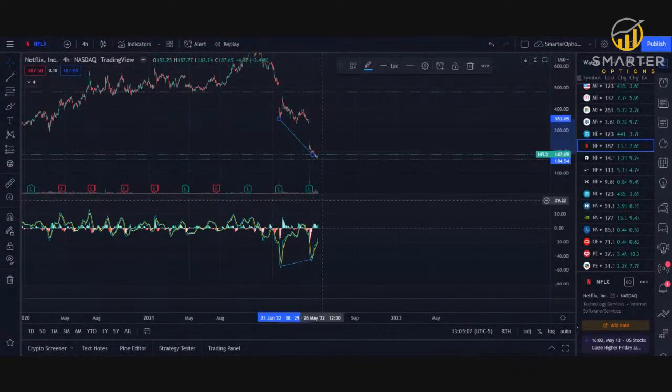Which shows us as this gets up here, according to this, this looks like a good time for longs. We have really low lows, but we have higher lows down here.